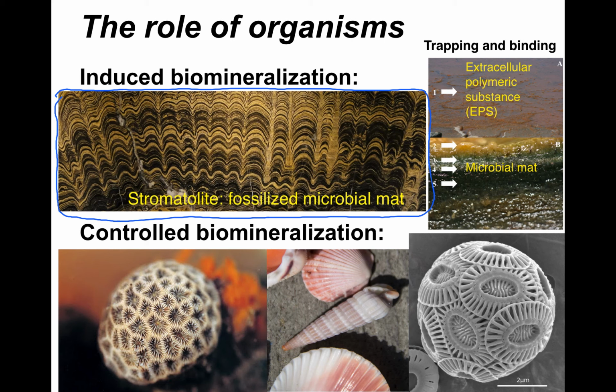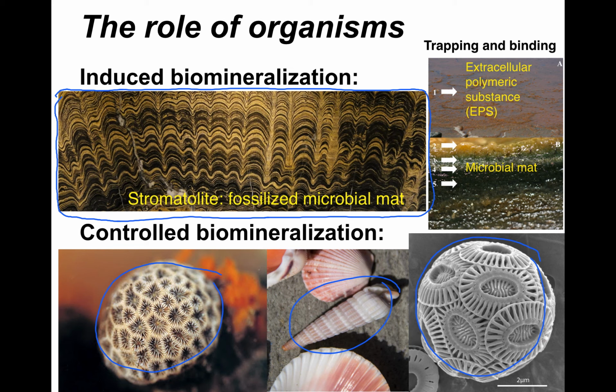Controlled biomineralization involves the organism intentionally building a structured carbonate skeleton, such as this coral, these seashells, and this coccolithophore. And they build these structured carbonate skeletons by both creating a favorable condition for carbonate to precipitate and by directing the form of that precipitation by making proteins that act as seed crystals for carbonate to precipitate around.